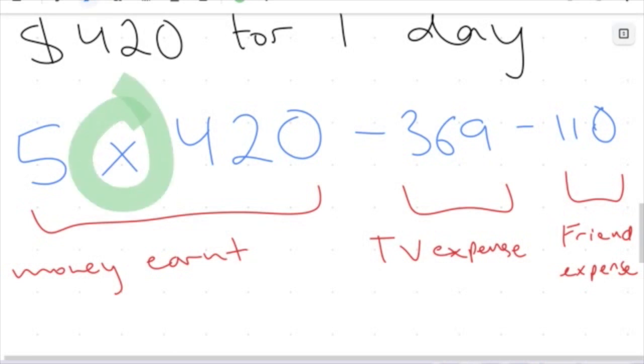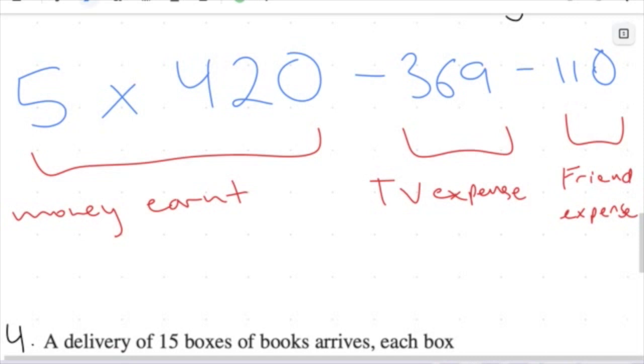We have a multiplication and subtractions happening. So we want to do the multiplication first. Now, once again, feel free to pause this video and do this manually. Try to do it in your head or do it showing your working out. But I've already done these questions before, so I'm just reading off the answers.